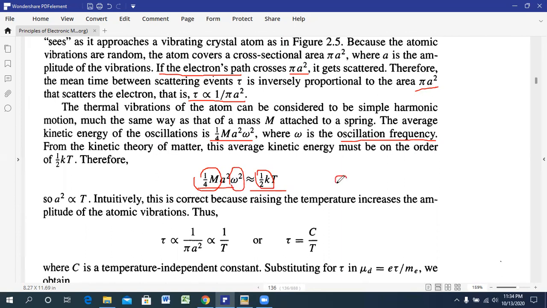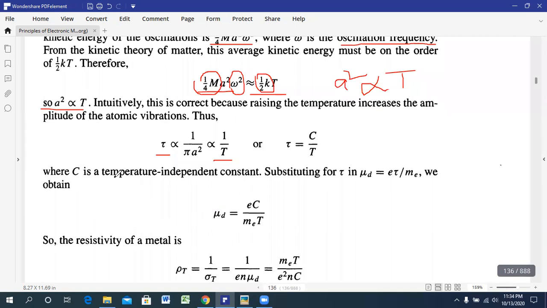So this a square is proportional to temperature T. So we can write tau is proportional to 1 divided by pi a square, or if a square is proportional to T, then tau is proportional to 1 by T, or tau equals c divided by T, where c is the temperature independent constant.